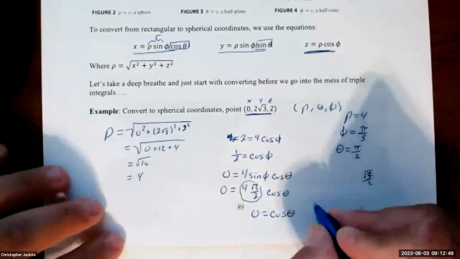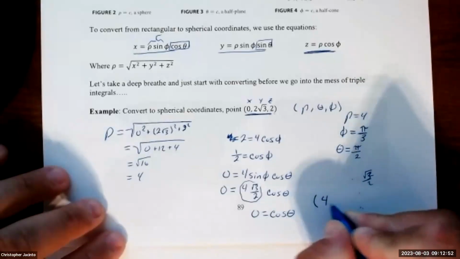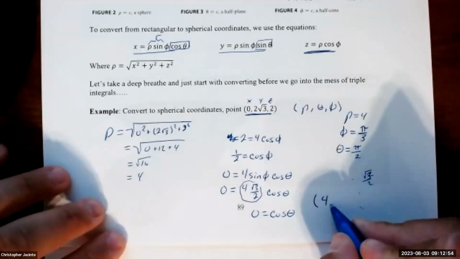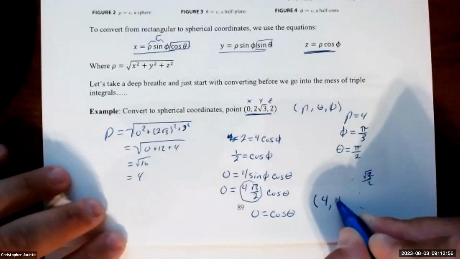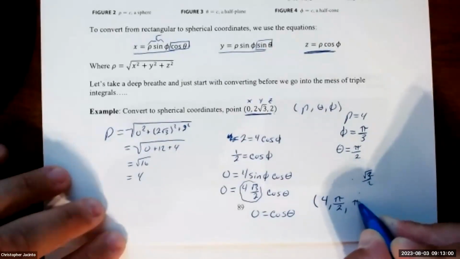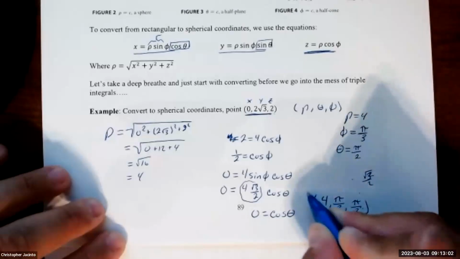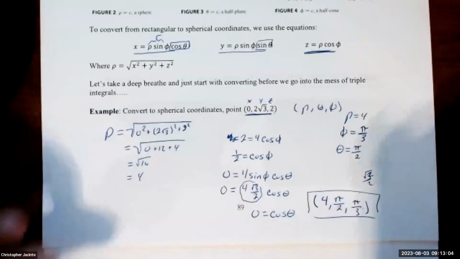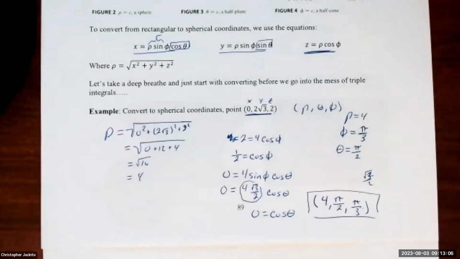So this is going to be one point, because there are multiple, because theta can vary. Now remember, what I mean by one point is because cosine equals 0 at multiple points, right? So this could technically be 2 pi over 3 as well. So that's another alternative point we can have.